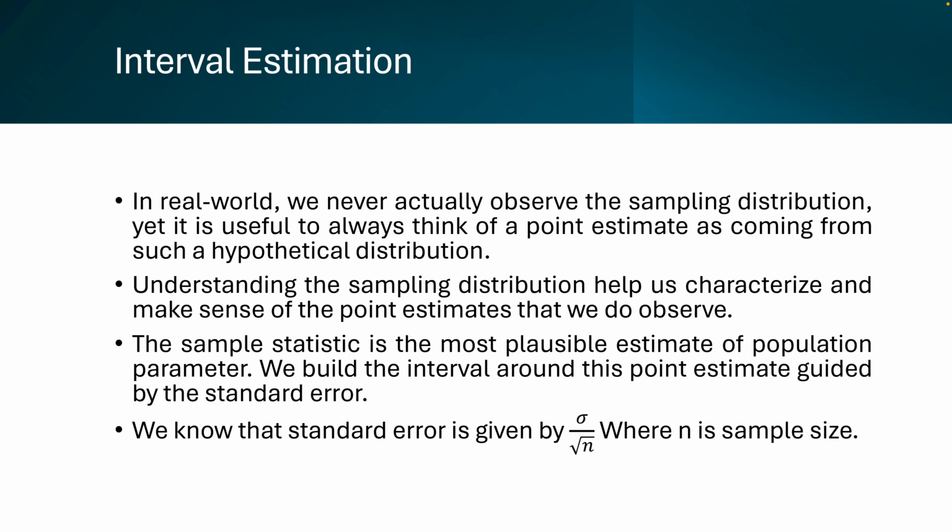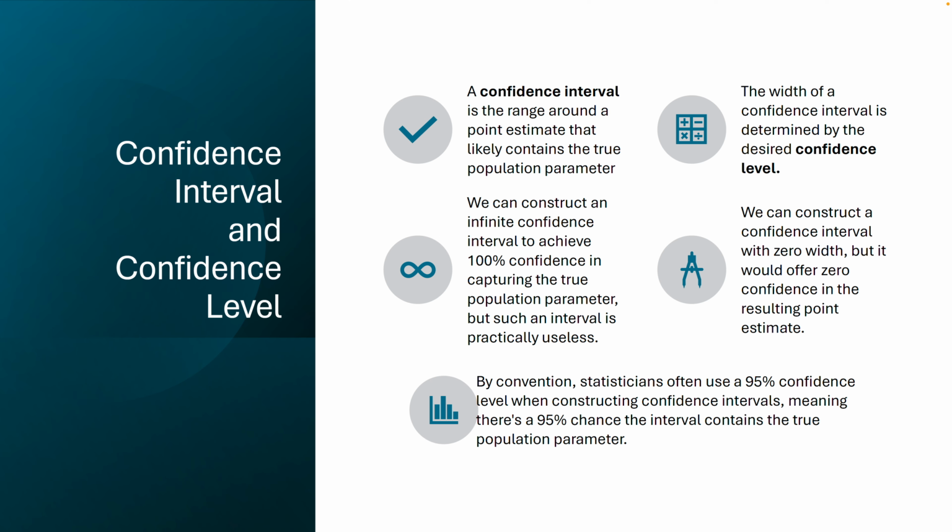With this understanding that standard error gives us the basis for building the interval around the point estimate, let us build the definition of confidence level and confidence interval. So the confidence interval is the range around a point estimate that likely contains the true population parameter, and the width of the confidence interval is determined by the desired confidence level.